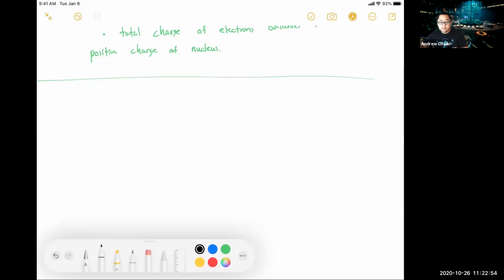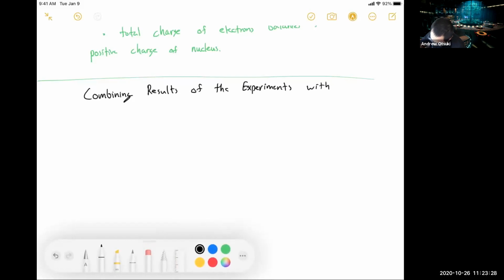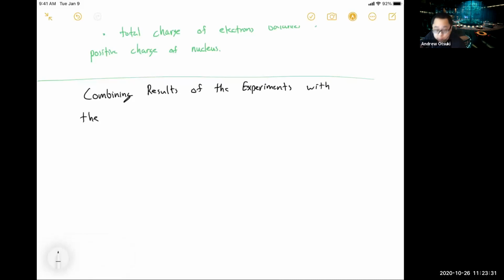All right, so let's talk about the results of the experiment, just summarizing them a bit. So combining results of the experiments with the nuclear model.